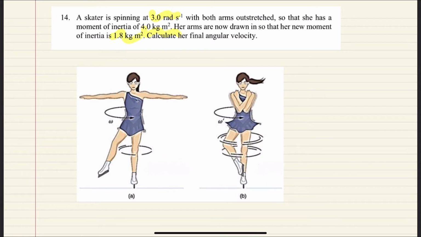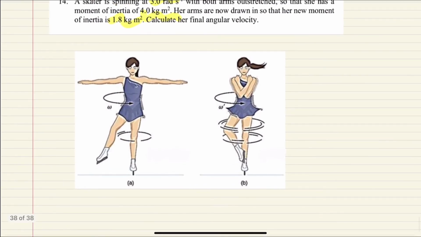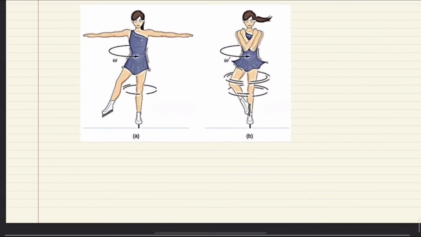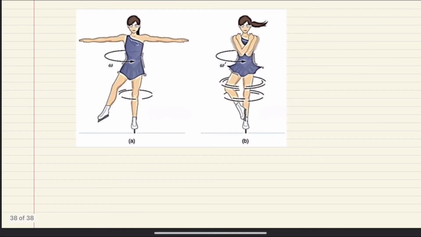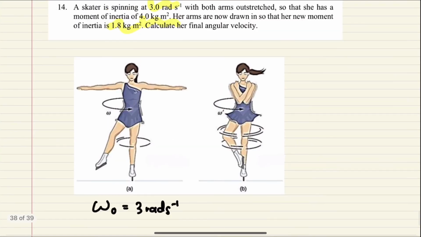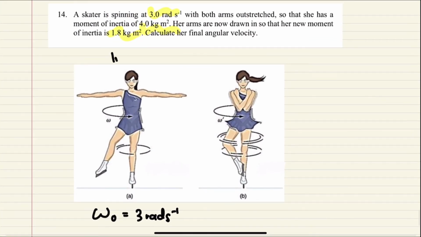So basically, I use the diagram from before because this one is a perfect representative for the question. It says that initially it is spinning at 3 radians per second. That one will be omega naught. Don't forget to put naught. This one is initial, this one is final, her arms drawn in.